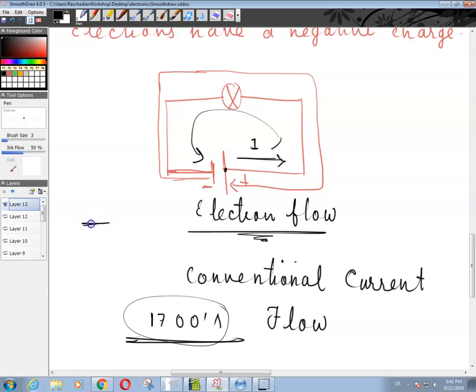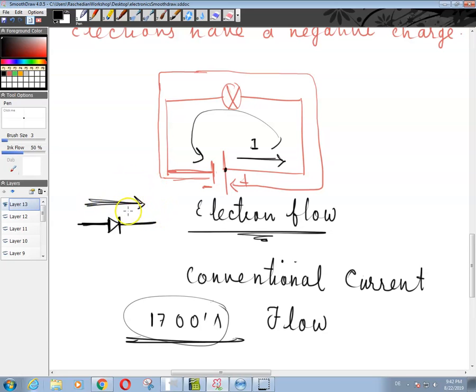For example, if you look at the schematic of a diode, this is the cathode, this is the anode, okay? And you can see that this is an arrow pointing in this direction, okay?